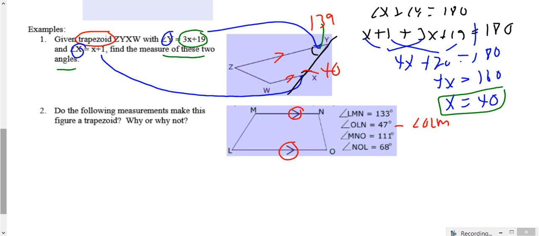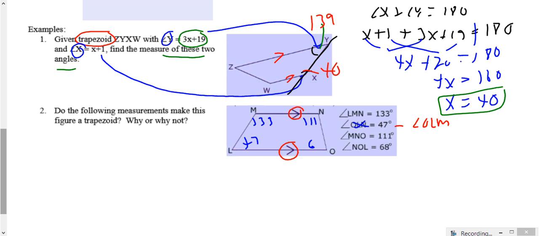LMN is 133. OLN is 47. But like I said, it was OLM, so that's not quite right there. So OLM is 47 right here. MNO is 111, and then NOL is 68.